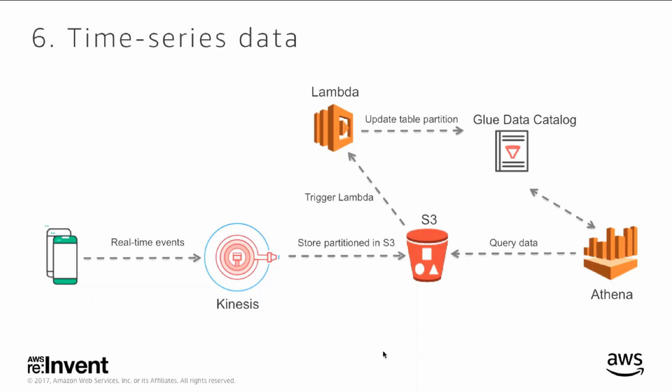Then we have either a Lambda function, or we can also substitute AWS Glue in here if you wanted to convert the data or enrich it in some way, update the data catalog, and then that data becomes available for Athena again to query. So not just can you query historical data, but you can also query real-time data coming in to S3 using Athena. That's a really nice way that we've seen more and more of our customers interfacing with Athena.